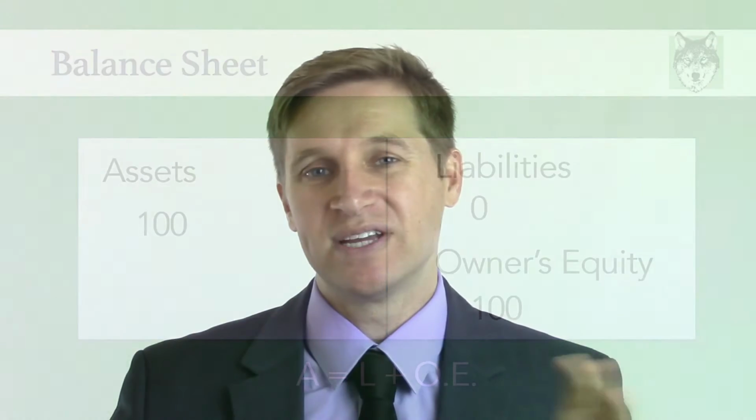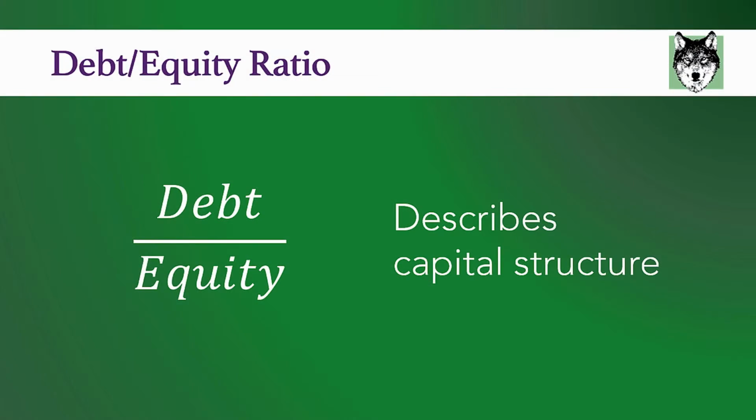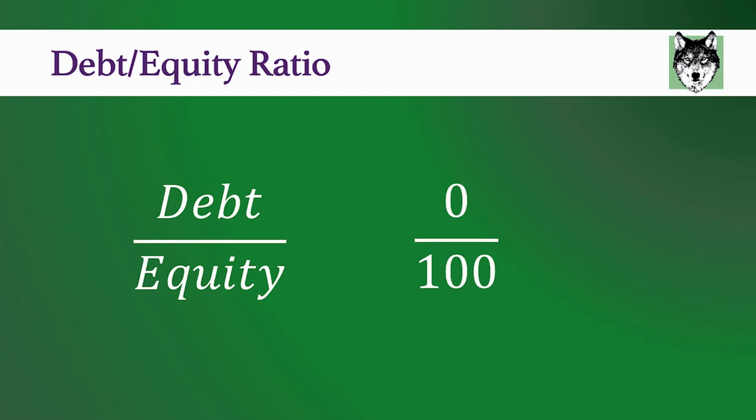Now, you can describe a capital structure in a business through a ratio, and that's called your debt to equity ratio. So in this example, we can use debt to equity to describe liabilities versus owner's equity. You have zero liabilities and 100 owner's equity in this example. So that's your debt to equity ratio.